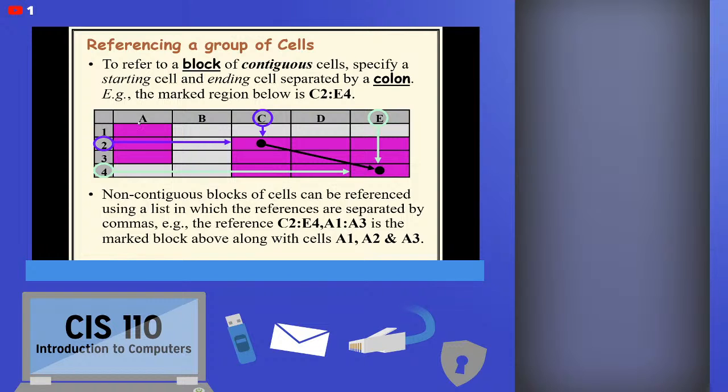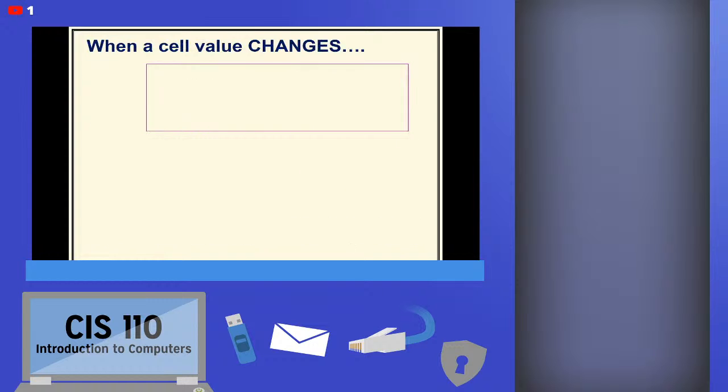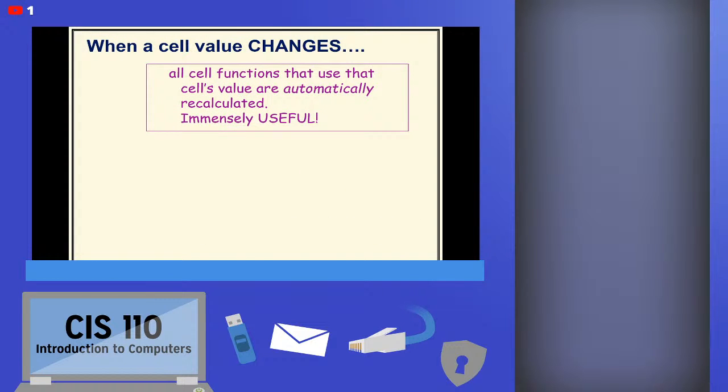So when you have something in one of these referenced locations, what happens when it changes? Because really this cell is just a container with a specific name that's given to it by its location via the column and the row.